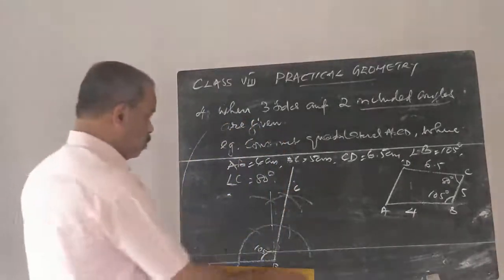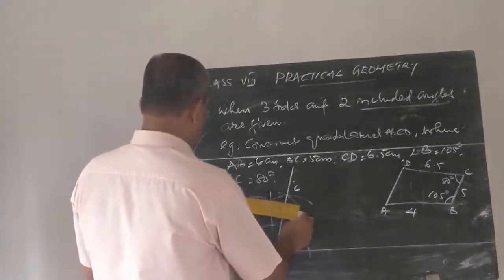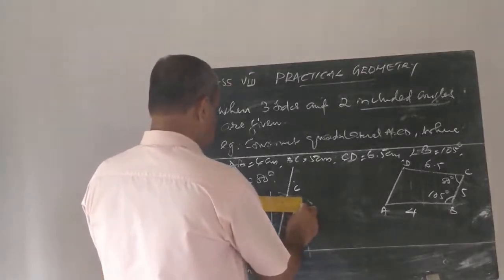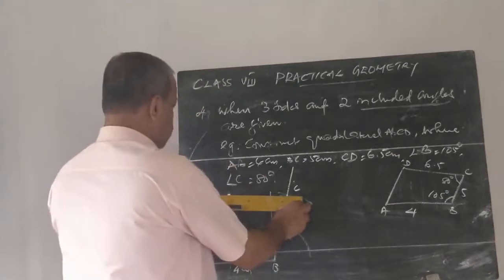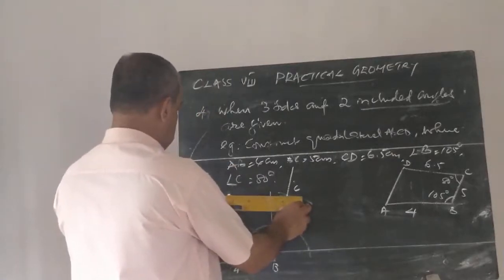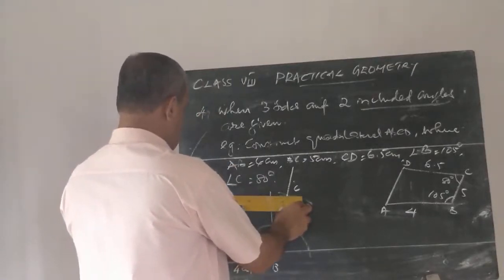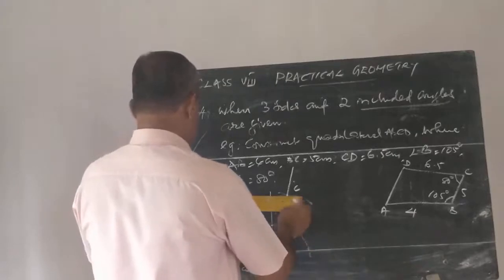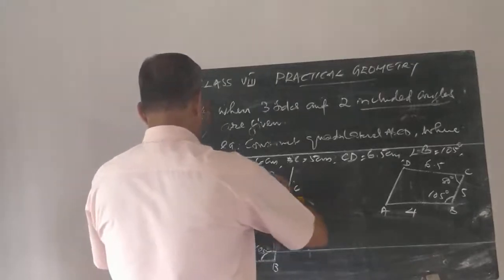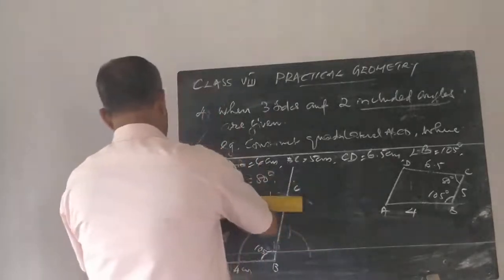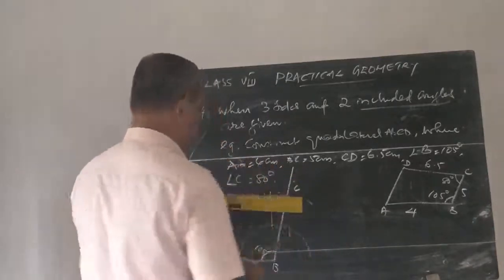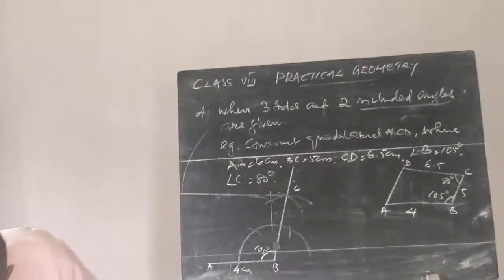Then draw a line through the point where we marked the 80 degrees. We can extend this.